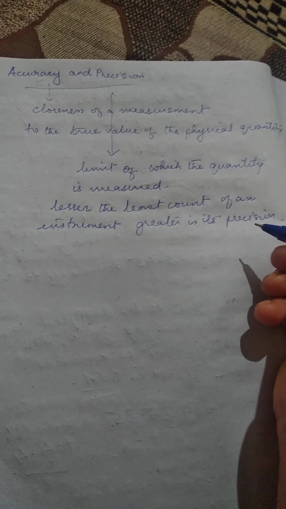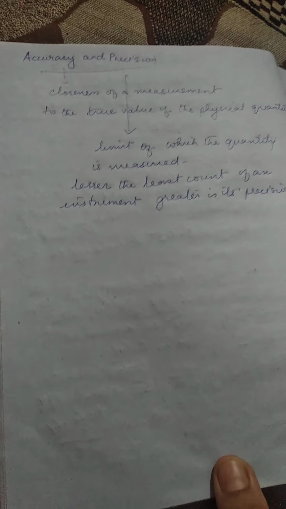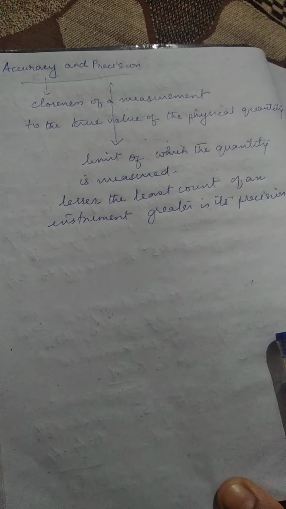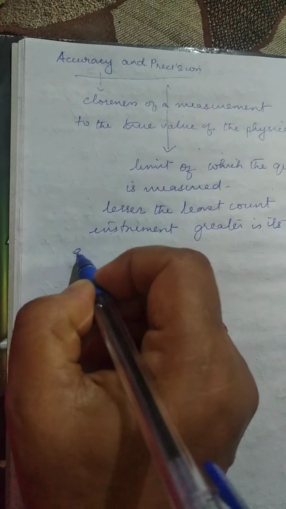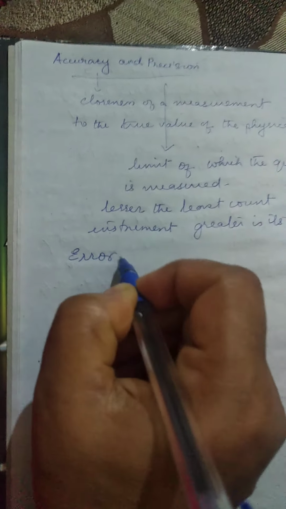That means when you measure a physical quantity, you may be very near or a bit far from the actual value. That means you must have some error. So now what we have to know is error in a measurement. Error means how inaccurate your value is.